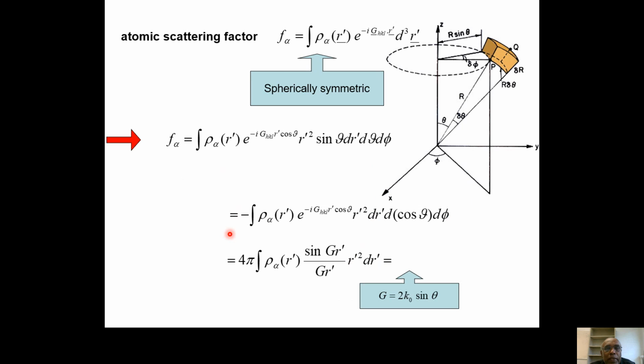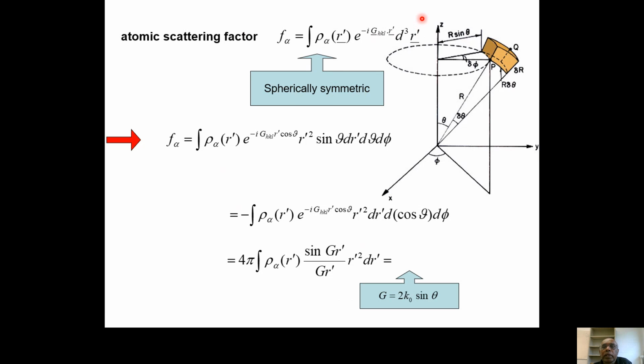So now what is that f_α inside that term? That f_α is nothing but this term, right? ρ_α, this e^(iG·r) d³r. Somebody can easily calculate this one if you treat the atom as a spherically symmetric object, right?